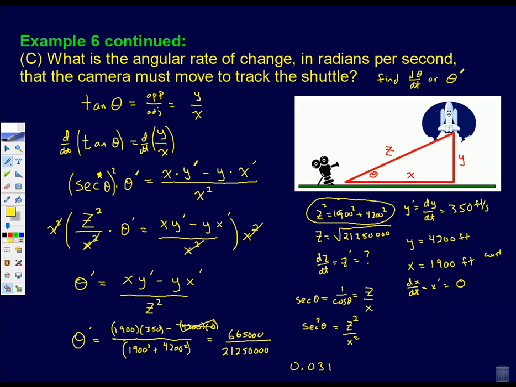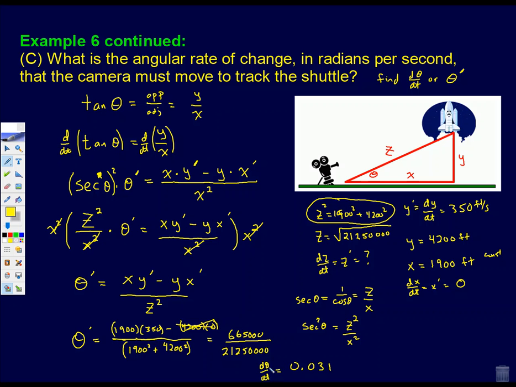Now this is the one time where it's kind of difficult to understand the units from the calculation, because all the units in this calculation were in feet and feet per second. However, the context here is that this is the rate of change of theta, in other words d theta dt.